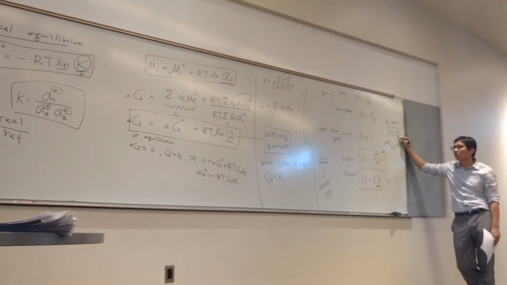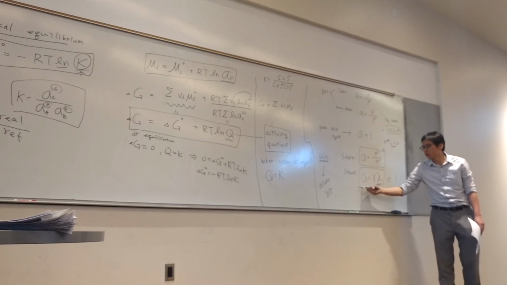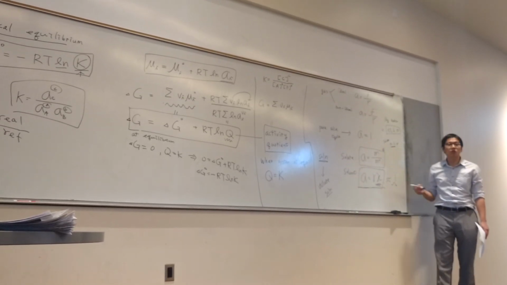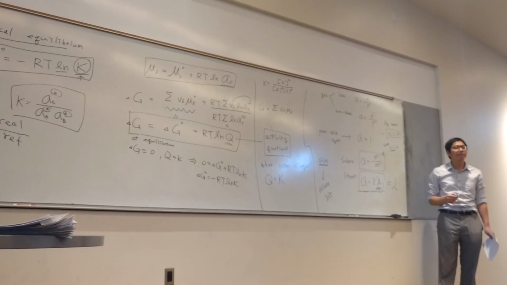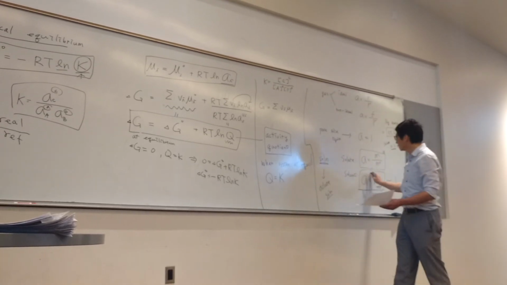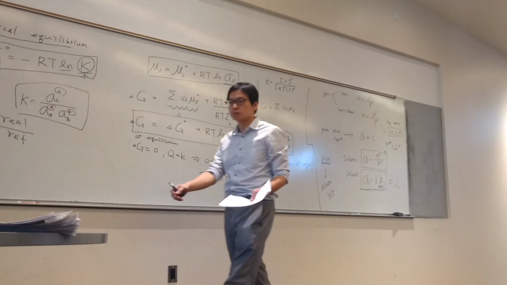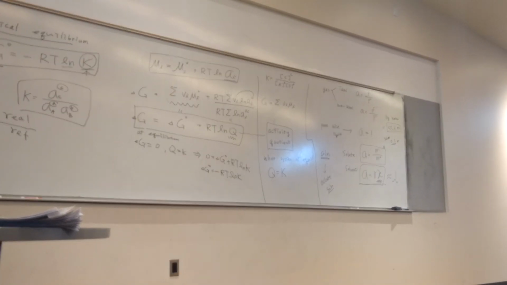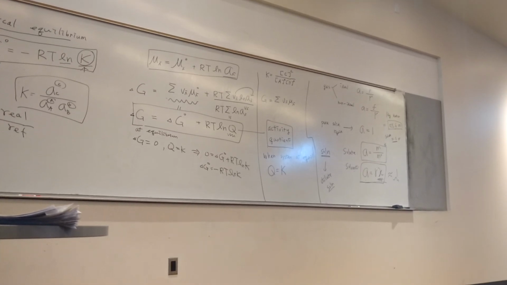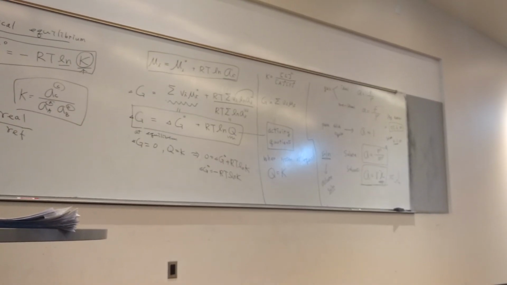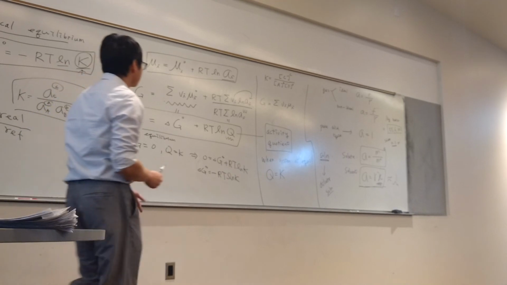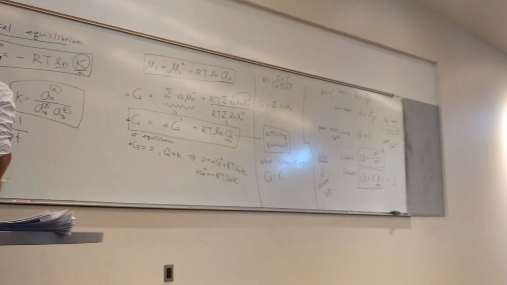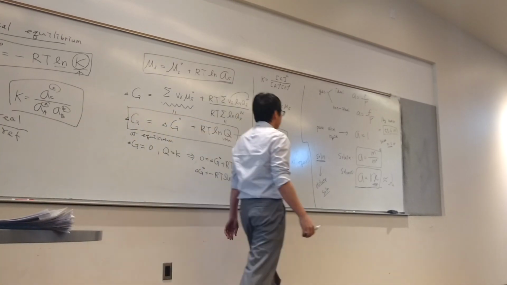Therefore, people just say, for dilute solution, the activity of your solvent is just 1. This is important when you solve the questions.